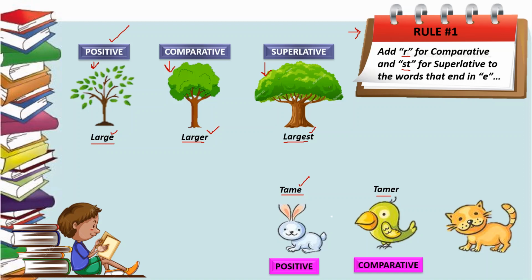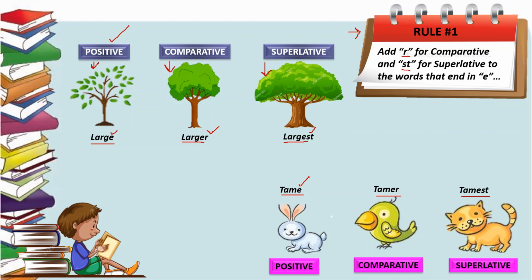So tame becomes tamer. Similarly, to make it superlative, we keep the main adjective tame as it is and add the suffix st after it. So tame becomes tamest in the superlative form.